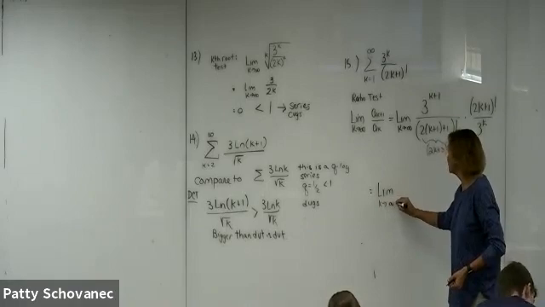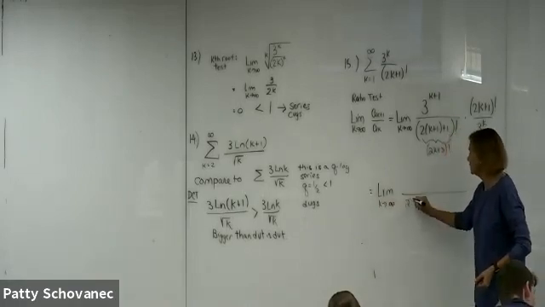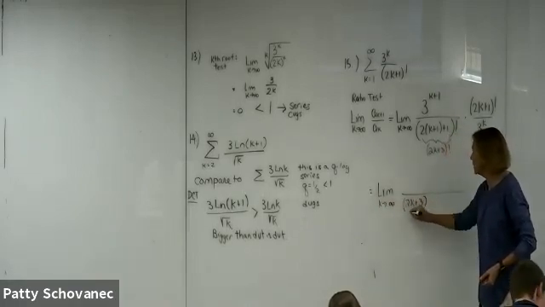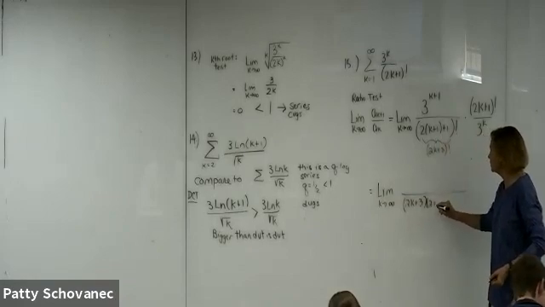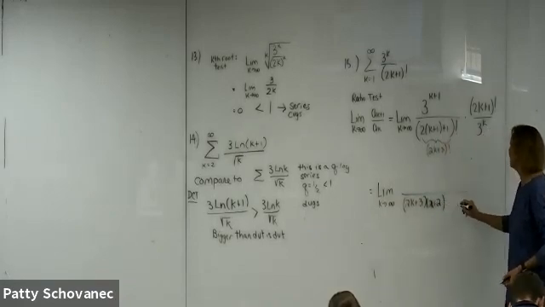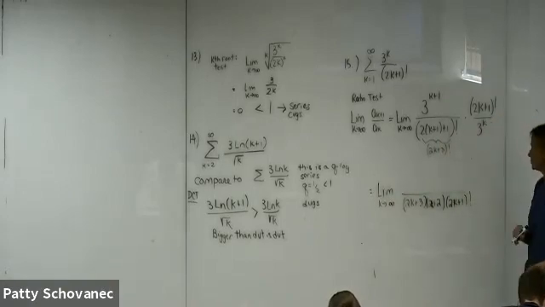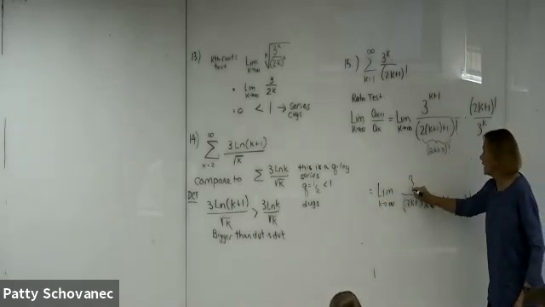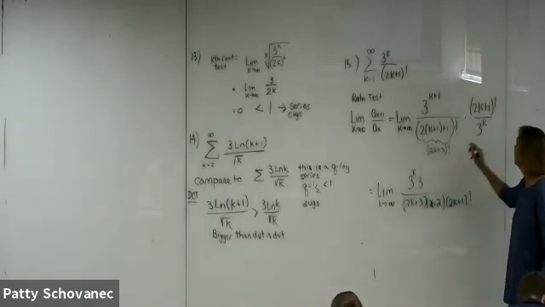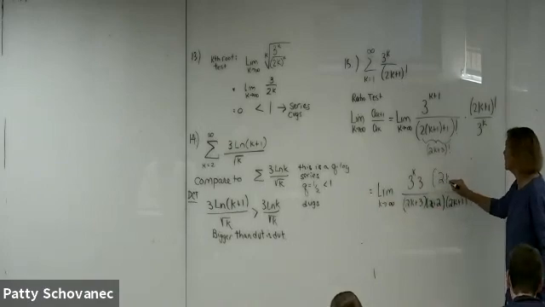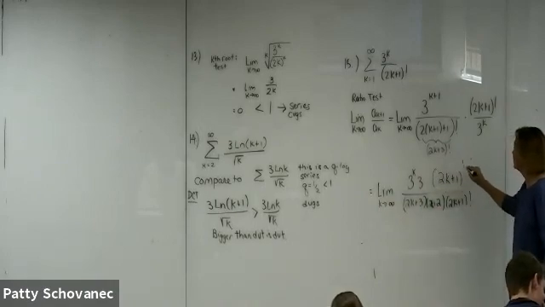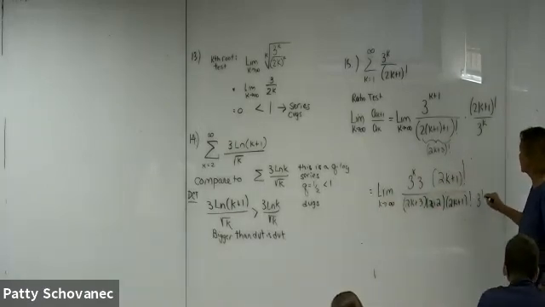Start with 2k plus 3, go down by 1 to 2k plus 2, go down by 1 and you're at 2k plus 1, and now it matches. So you can put the factorial on there. This I can write as 3^k times 3, and then I have my 2k plus 1 factorial, and then I have my 3^k.